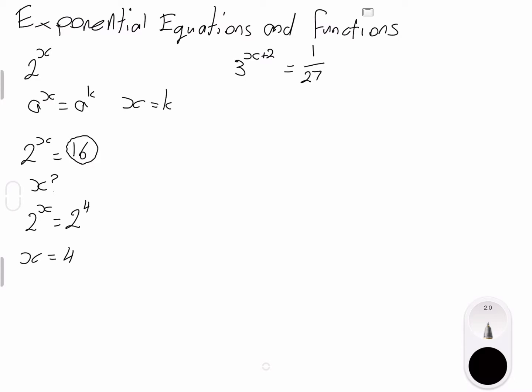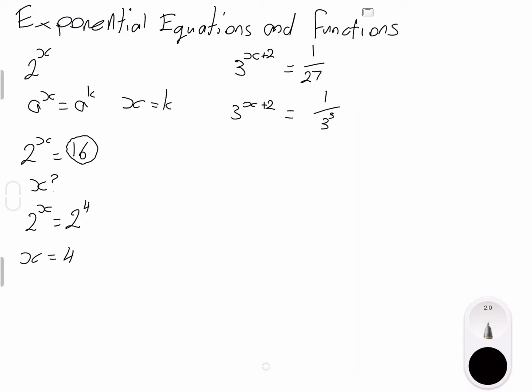Well, 27, you guys should recognize as being 3 to the power of something. In this case, 3 to the power of 3. So we could rewrite this as 3 to the power of x plus 2 being equal to 1 over 3 to the power of 3.